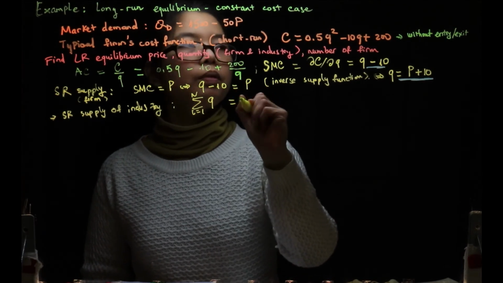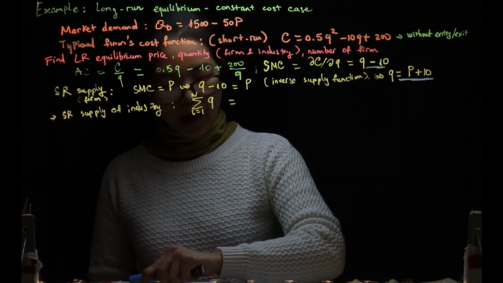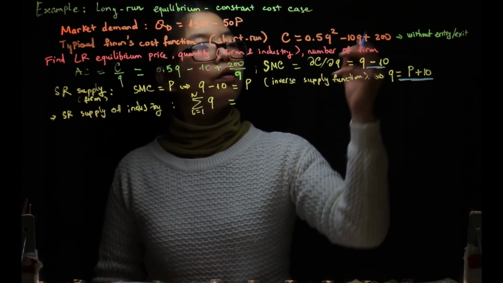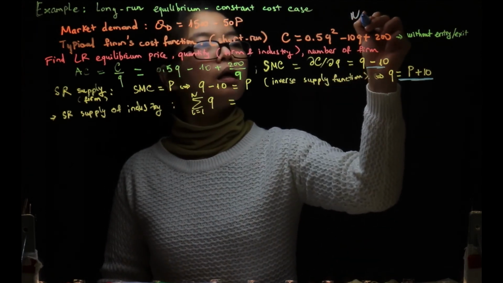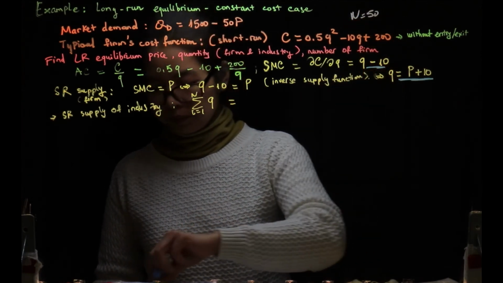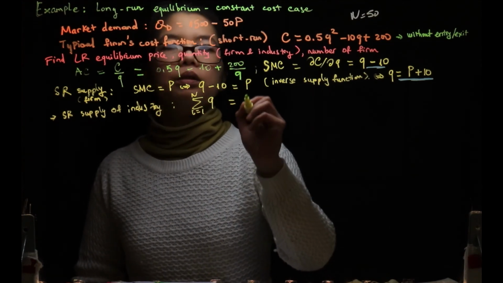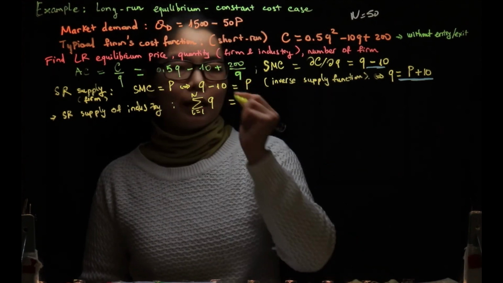Remember we have n is 50, and the firms are assumed to be identical, like before.